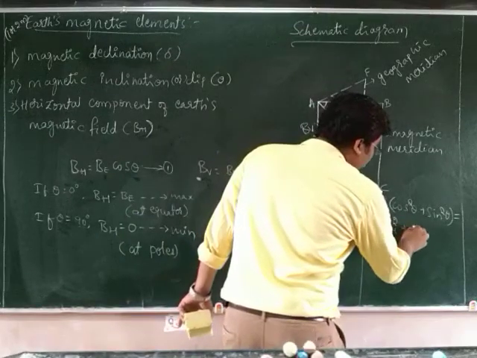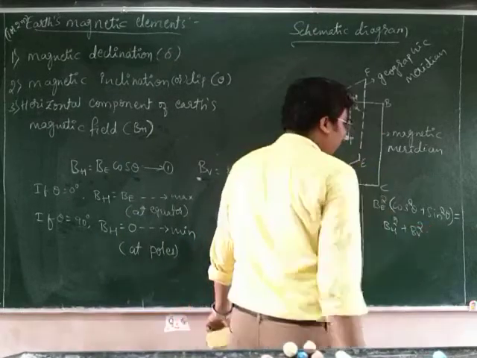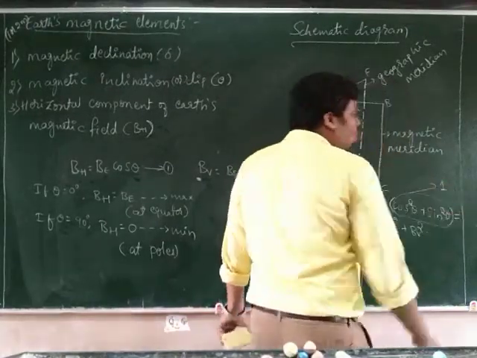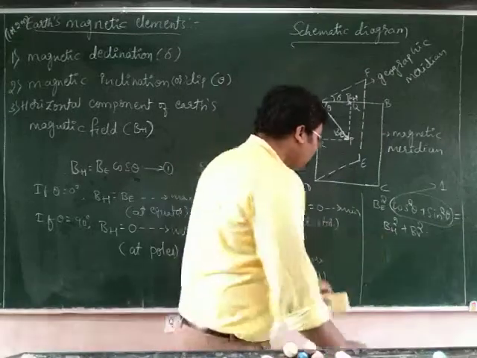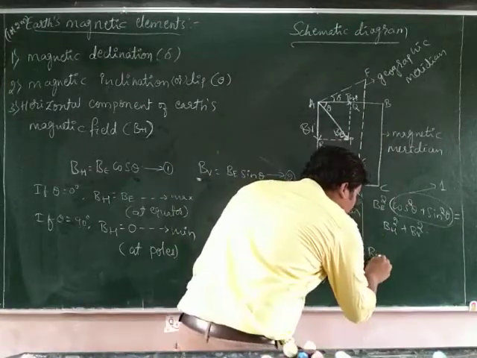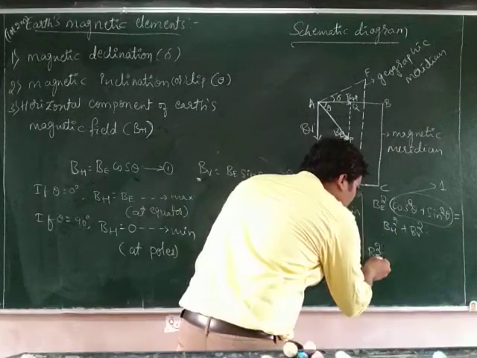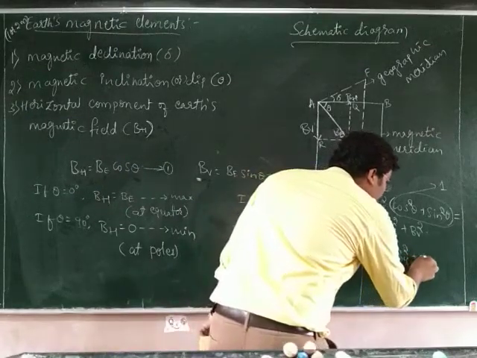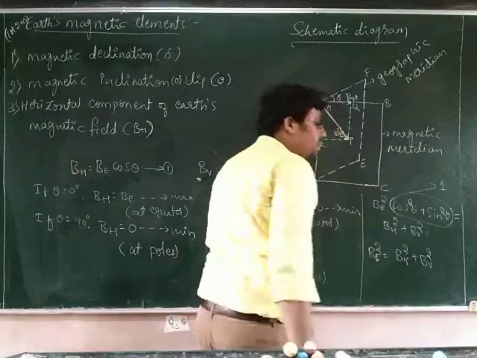The value of cos square theta plus sin square theta is 1. Then BE square is equal to BH square plus BV square.